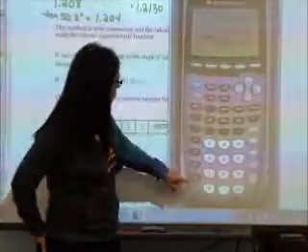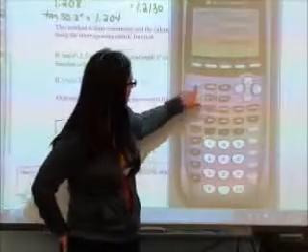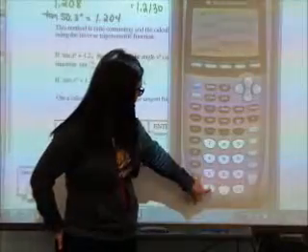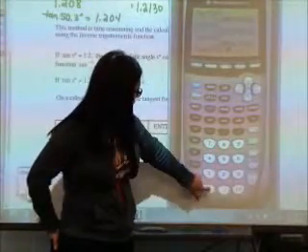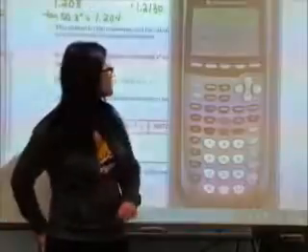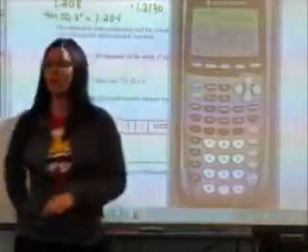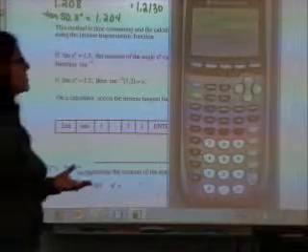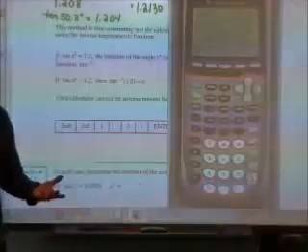If I wanted to work backwards, I'd go second, inverse, and type in this ratio, brought to 4 decimal places. There's my 34.99997, which when I round it becomes 35.